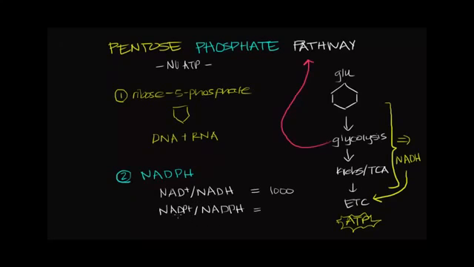On the other hand, if you took the amount of NADP plus divided by the amount of NADPH, you would get 0.1. So essentially this is telling us that there's a lot of NAD plus in the body and a lot of NADPH in the body, but not much NADH or NADP plus.